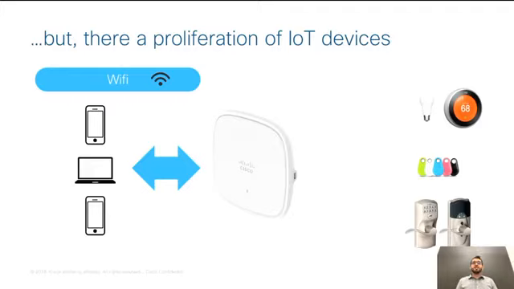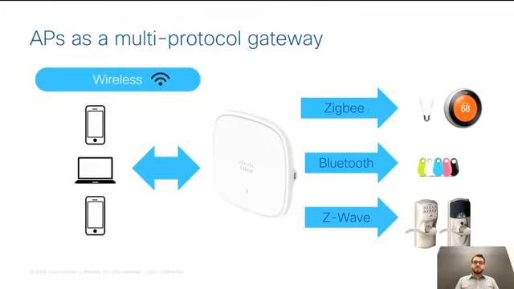Today we have the proliferation of IoT devices, all kinds of different IoT devices, and most of the time those devices do not speak Wi-Fi. They use different types of protocols, and there are many different protocols out there. Just to give you a few examples, we have Zigbee, which is mostly used for smart lights or thermostats.